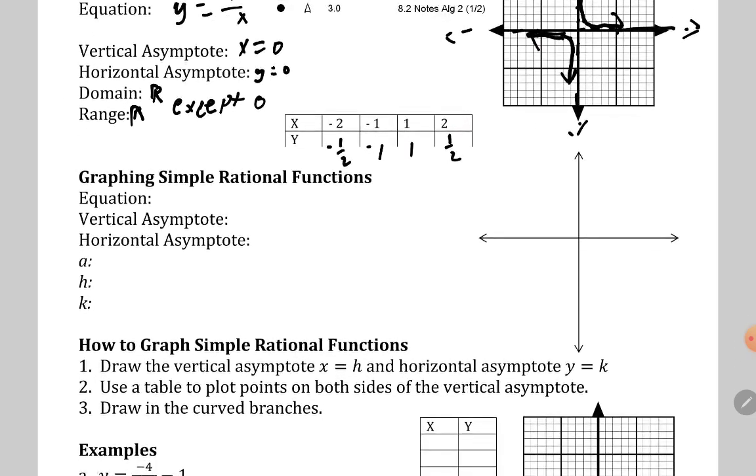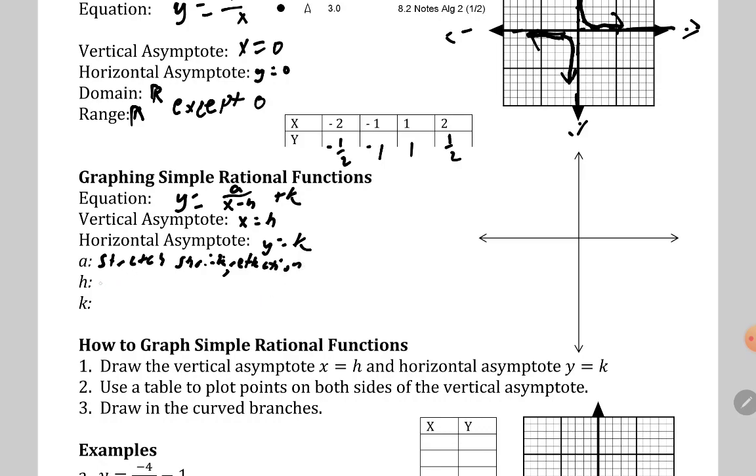Graphing simple rational functions. So the equation looks like this. Y equals a over x minus h plus k, where we have a vertical asymptote at x equals h and a horizontal asymptote at y equals k. A still does your simple stretch, shrink, flip, or reflection, as they call it.